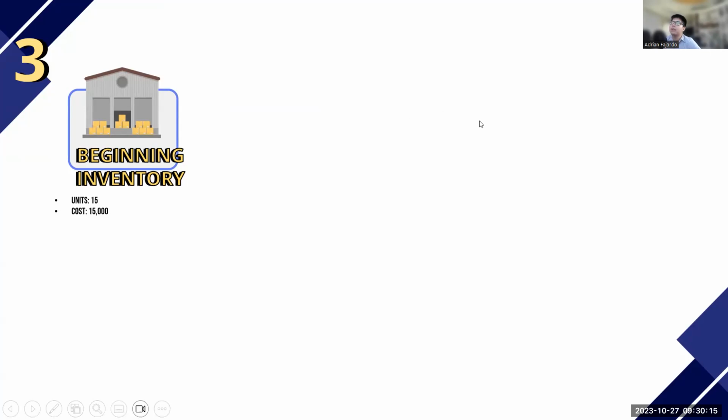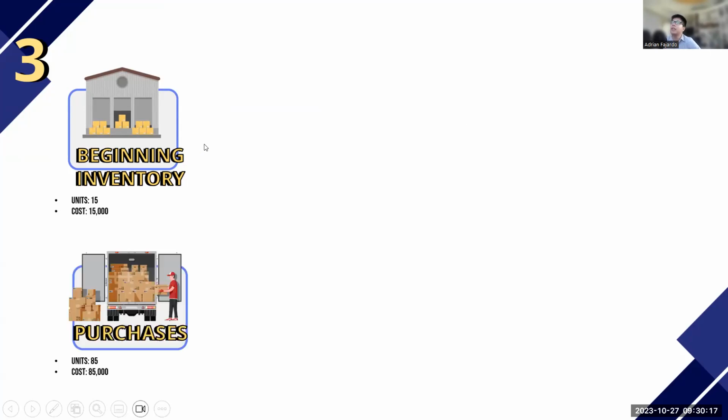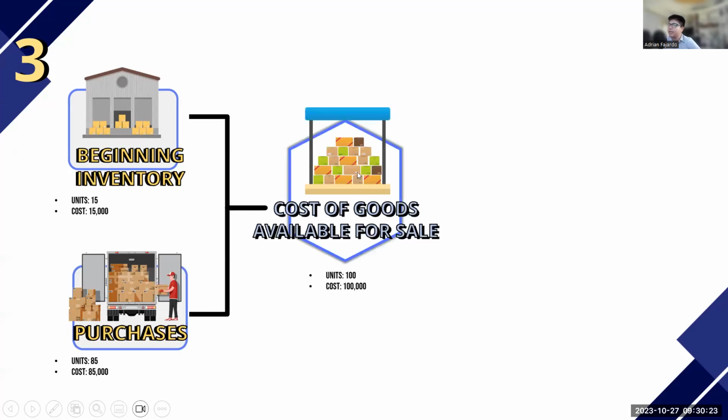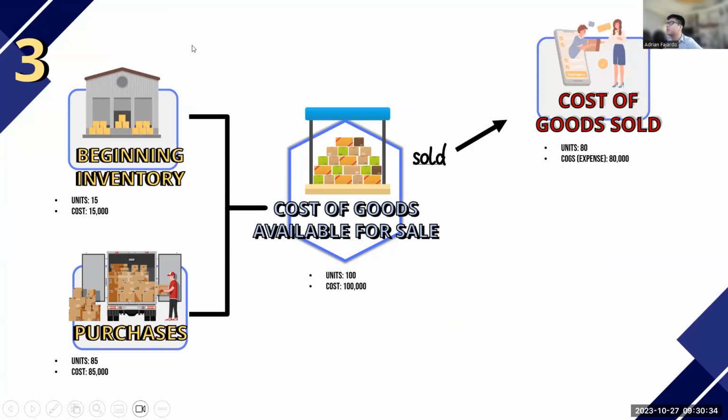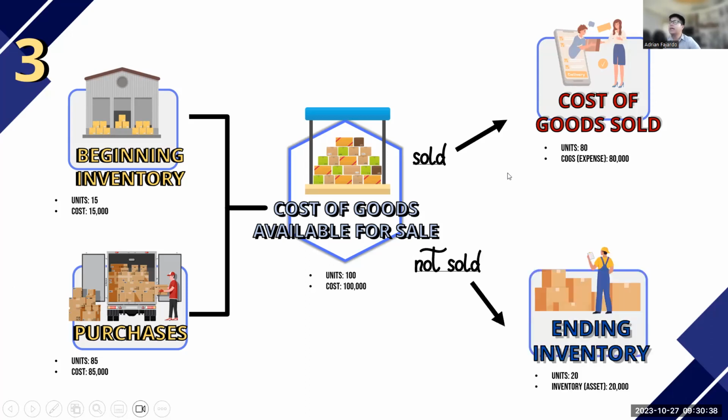So, as you know, back to the cost flow, it starts with your beginning inventory, and then you have your additional purchases, so you have your total cost of goods available for sale. And then may dalawa ka lang naman na mangyayari sa cost of goods available for sale. A portion of that will be sold, so magiging cost of goods sold siya. A portion of that will be not sold, so that will be ending inventory.